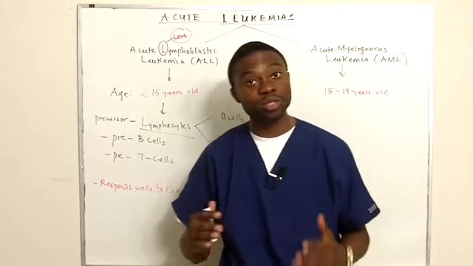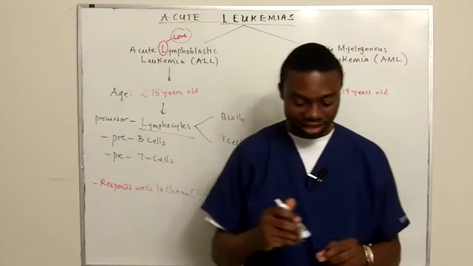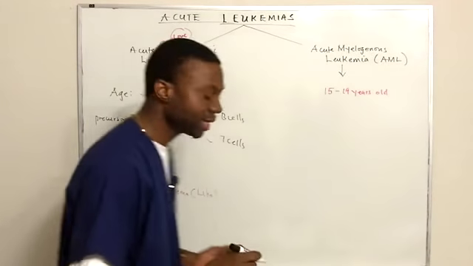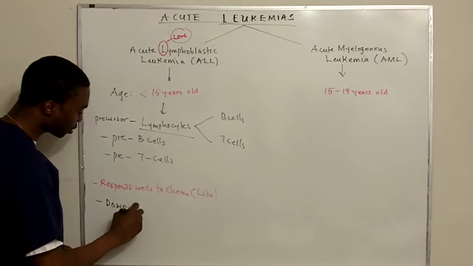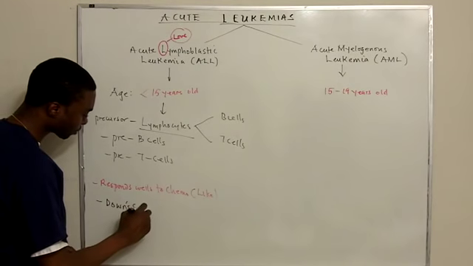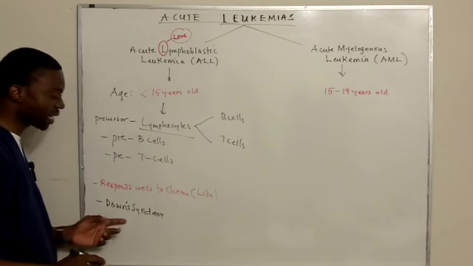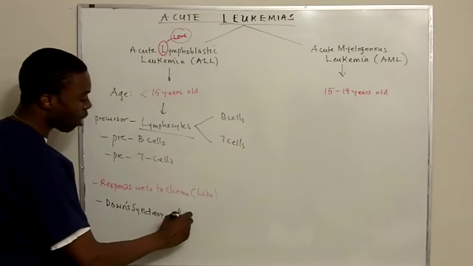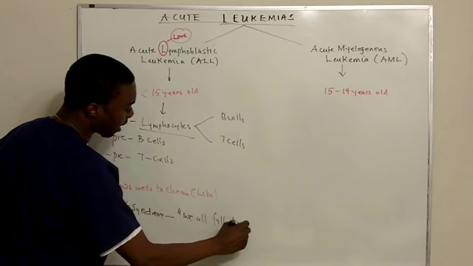So what else do we need to understand about ALL? Well, ALL has risk factors, and the risk factors are usually patients that have Down syndrome. And the way I remember Down syndrome associated with ALL is because we all fall down.